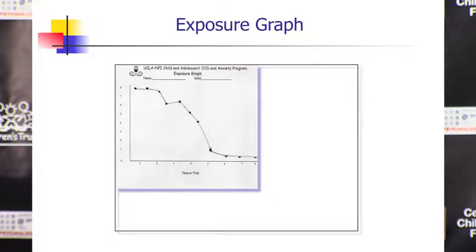And then we're going to graph the SUDS ratings. As I said, we'll graph the SUDS ratings on a sheet or whatever kind of form you have to demonstrate to the child that there is this kind of pattern that they may see. Now, this is just a made-up graph, but it demonstrates one thing, which is that the graphs are typically not smooth.